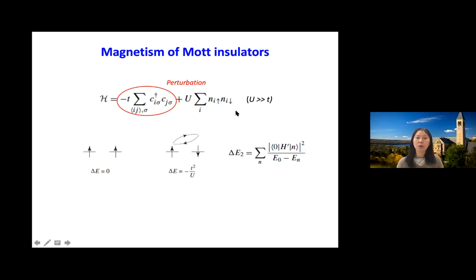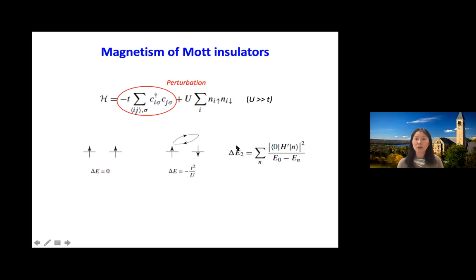So in principle, exchange interaction is possible. But when the spins in the neighboring sites are parallel to each other, this is forbidden. But when the spins are anti-parallel, you can think of it like hop over and hop back. So this is the superexchange pathway.